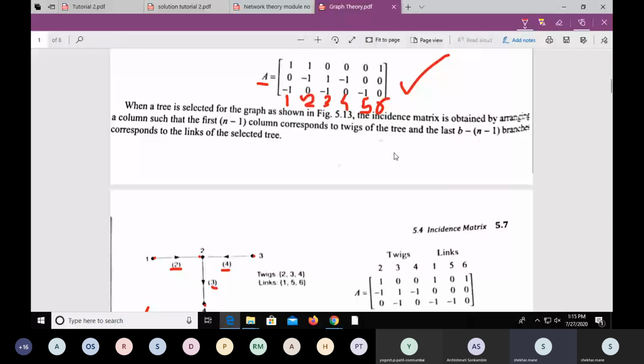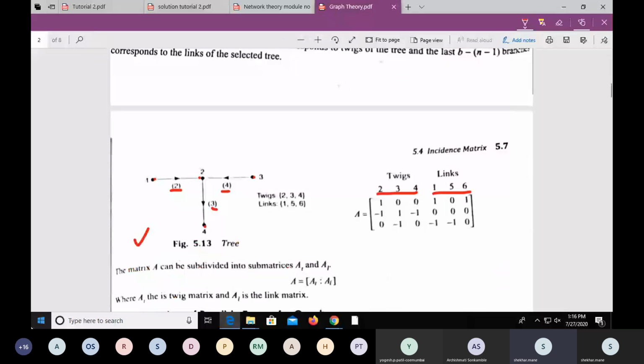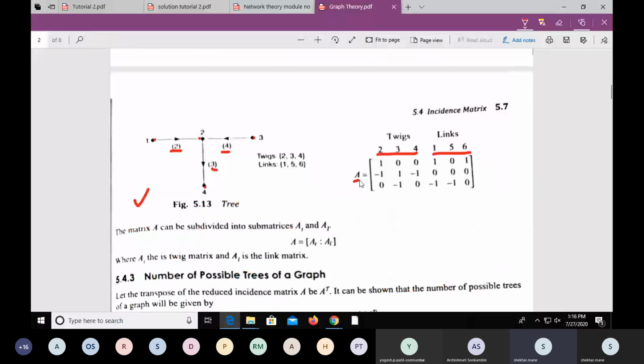So we can write 2, 3, 4 first, which represent twigs, and then 1, 5, 6 afterwards, which represent links. So in this way also you can represent the incidence matrix for a tree.